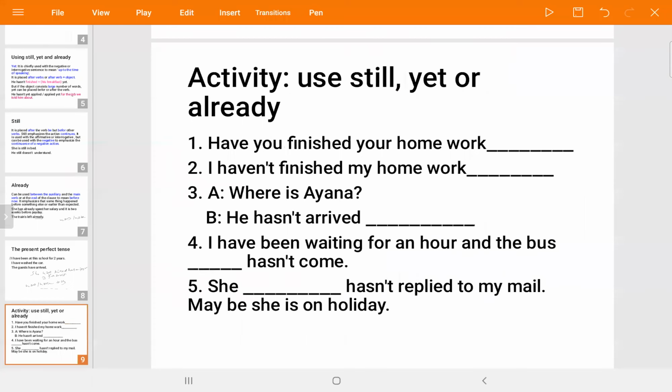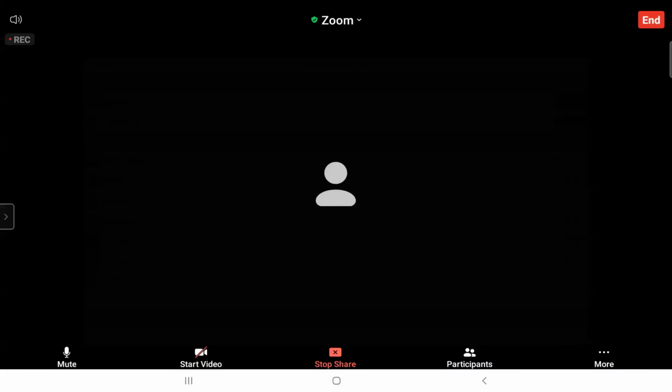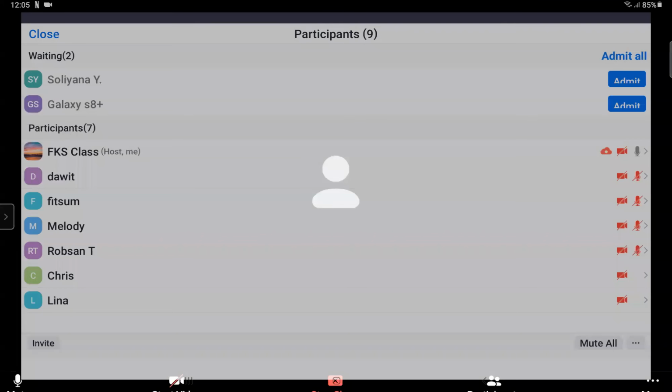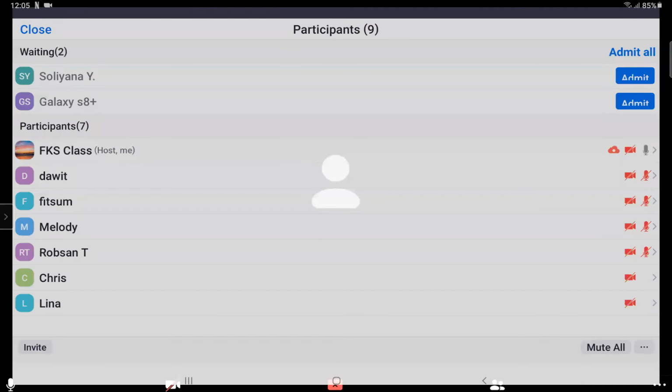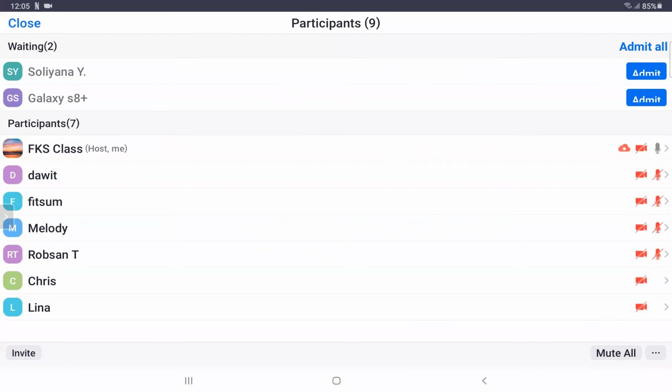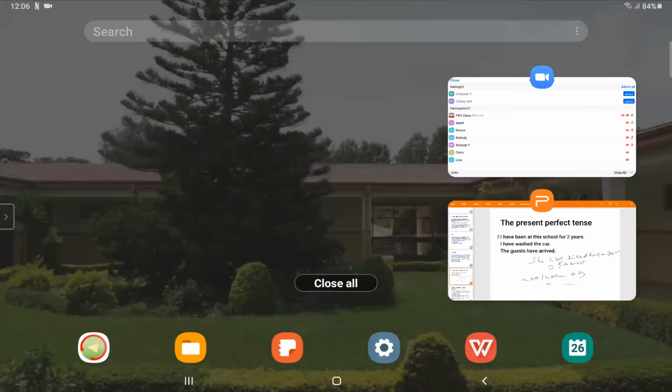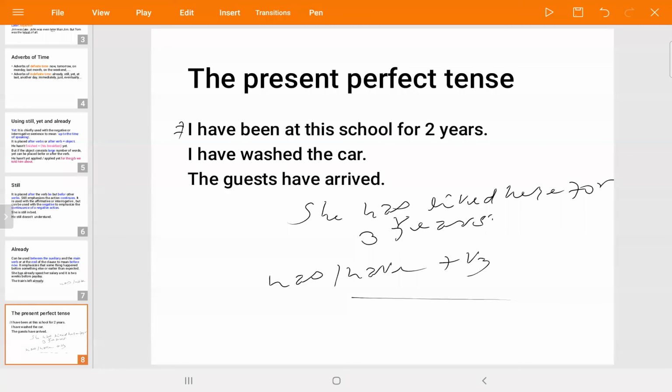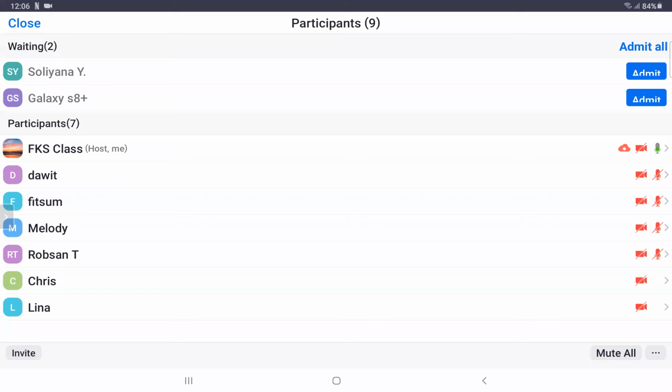Let's proceed this way. Question number 2. I've washed the car. So you're going to tell me the use of the second sentence.